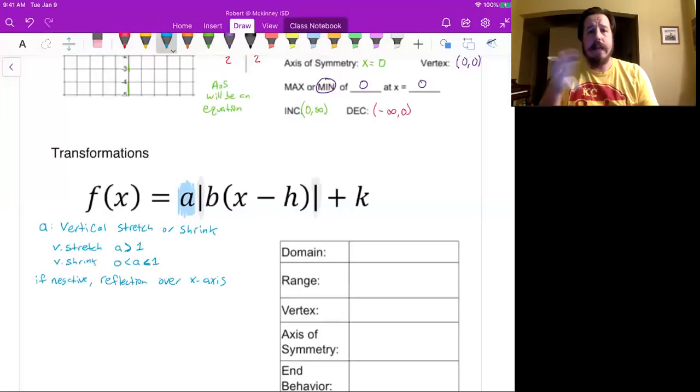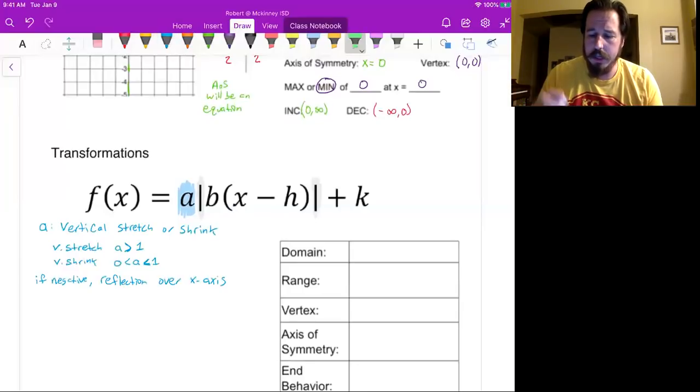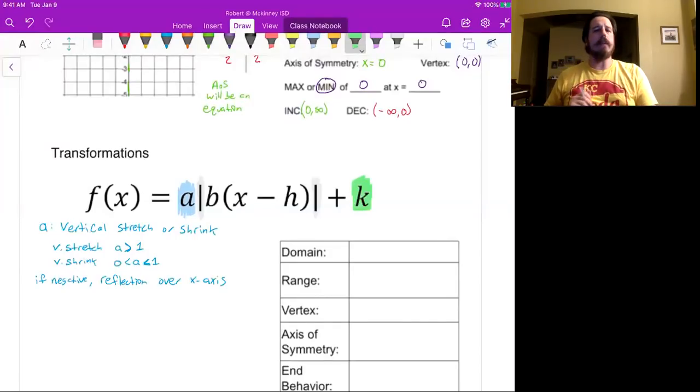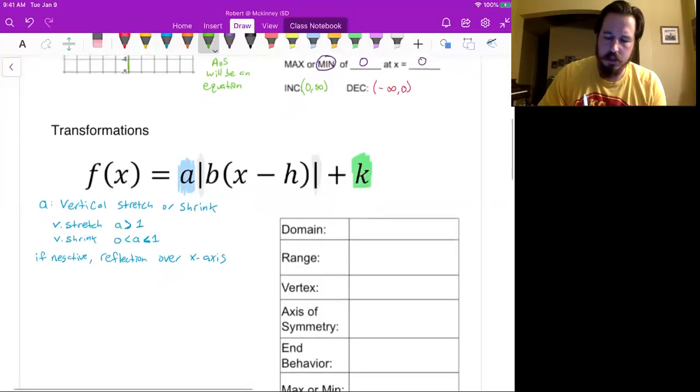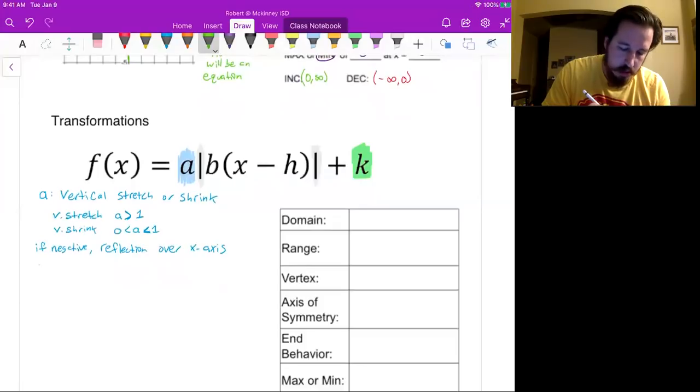Okay, so that is A's job. It will do that for all of our functions that we talk about this year. The next one that we're going to look at is K. Okay, trailing on there at the end. K's job, it will do vertical shifts.